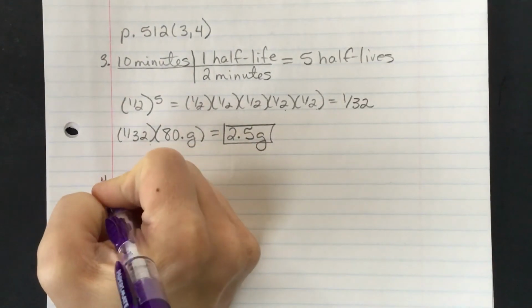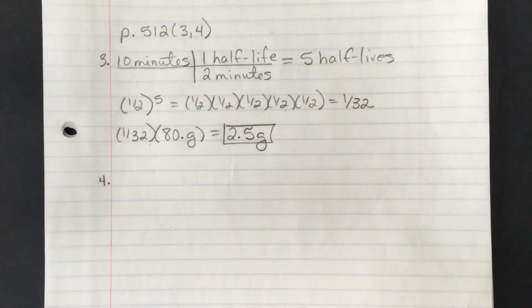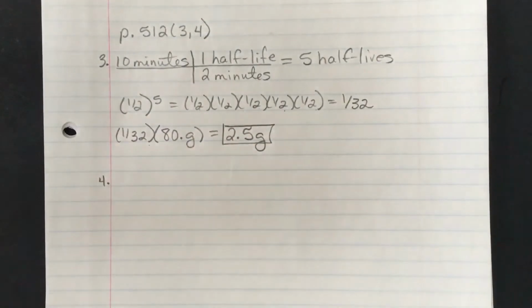For number 4, the problem says, iodine-131 is used in the treatment of a hyperactive thyroid gland. The half-life of iodine-131 is 8 days. If a hospital receives a 200-gram shipment of iodine-131, how much will be left after 32 days?